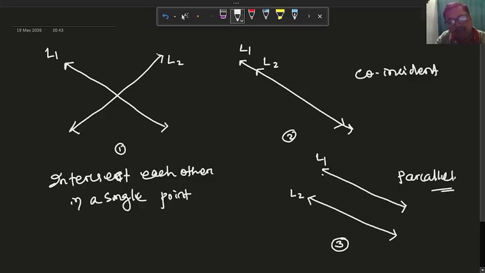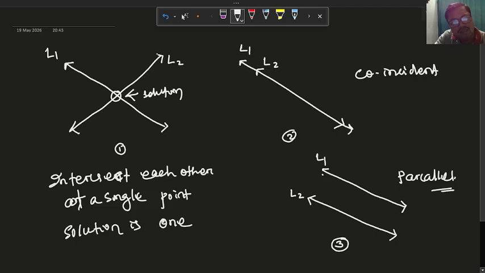Okay. If they intersect each other at a single point, then the solution is 1. That means this point of intersection is called the common point and this is called the solution.